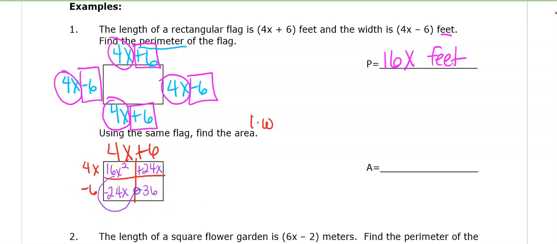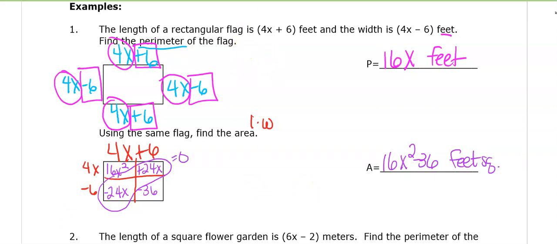We combine those two middle like terms, we add them together. So negative 24 plus 24 is actually 0. So our area is 16x squared minus 36 feet squared. Feet squared, or square feet, okay? However you want to say it.